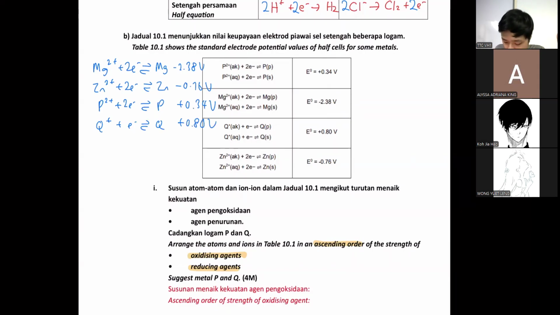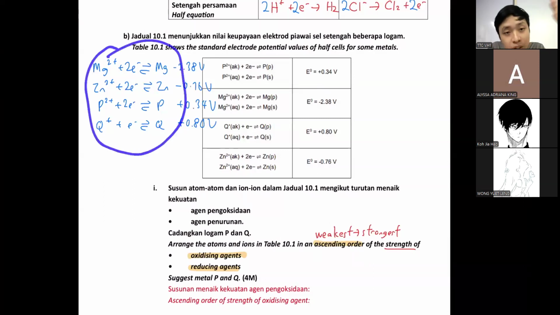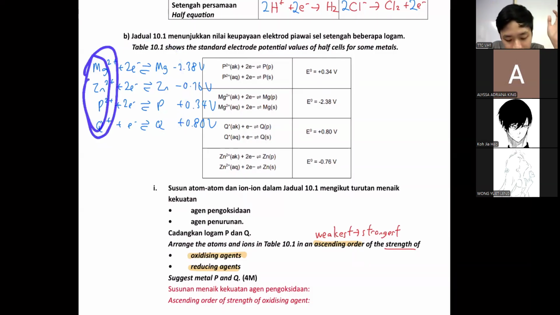Ascending means weakest to strongest, weak to strong. Remember, which one is the oxidizing agent? All these are in reduction form, receiving electrons, so all these undergo reduction.